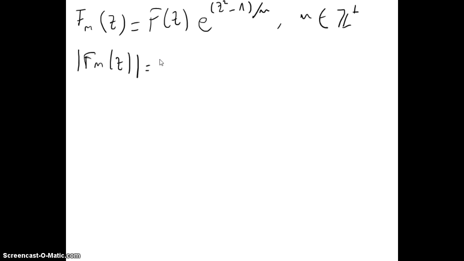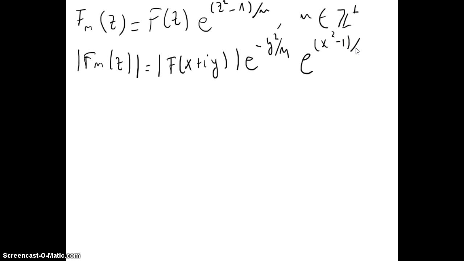This will be equal to the absolute value of f(x plus iy) multiplied by e^(-y squared/n) multiplied by e^((x squared minus 1)/n), and this will be less than or equal to the absolute value of f(x plus iy) e^(-y squared/n).